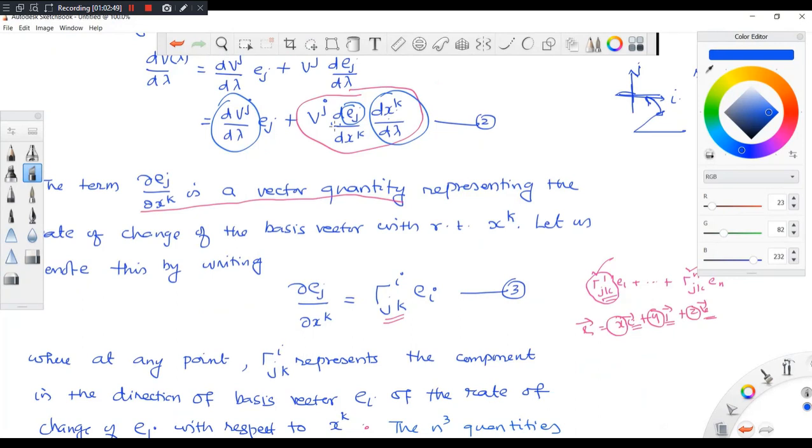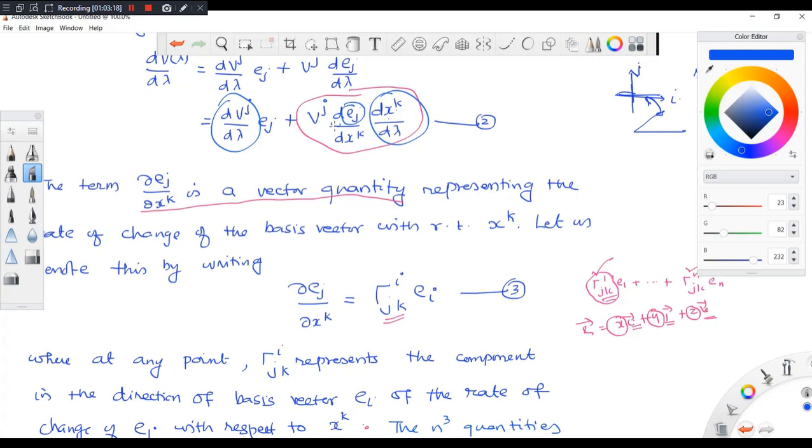Sir, one more question. In this expansion of the Christoffel symbol, this was gamma 1 JK E1, then gamma n JK EN. In this term, for example, let's take the gamma 1 JK term. Does the gamma 1 JK also expand? Is it also a summation?